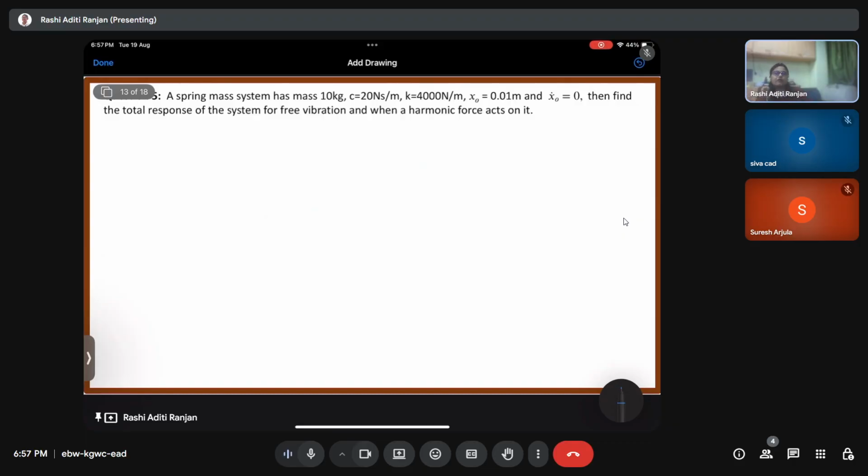But over here we attempted 4 questions wherein we considered a spring mass dashpot system and we tried to derive the closed form solution in terms of time and all the parameter values, such that when we apply an impulse, if we apply 2 impulses which have a small span in between them, and when we have a constant force that is being applied to the system, and when this constant force, instead of starting at t equals 0, starts after a certain amount of time, right? So we have derived the solution in terms of closed form equation, which we can use in order to get the final solution.